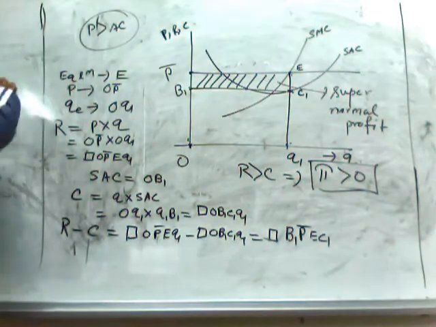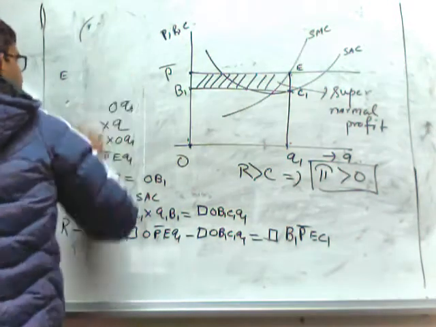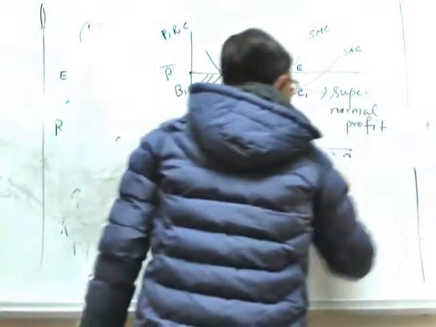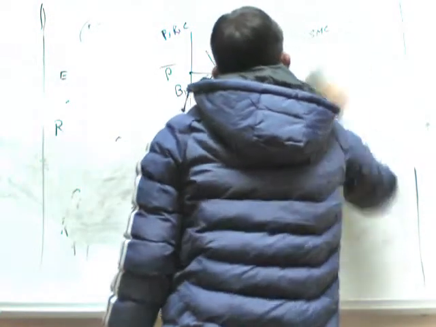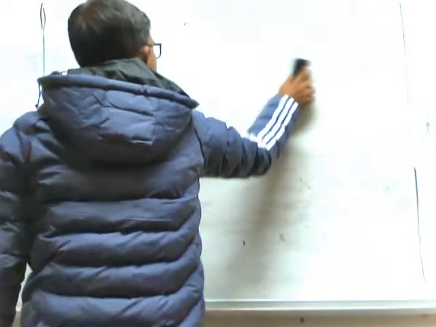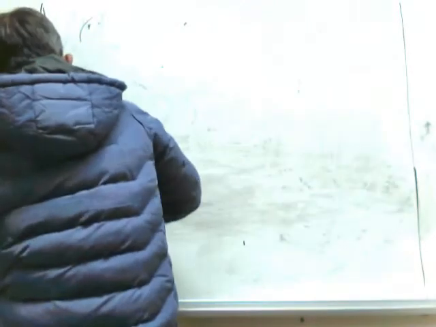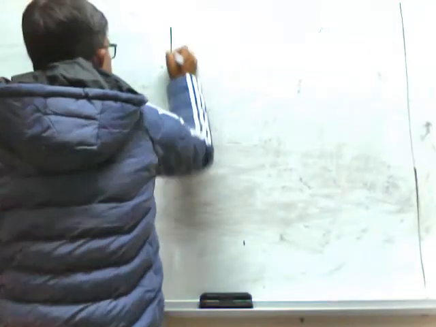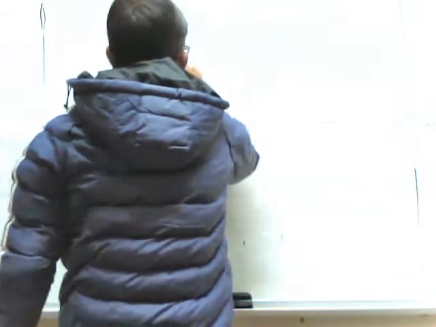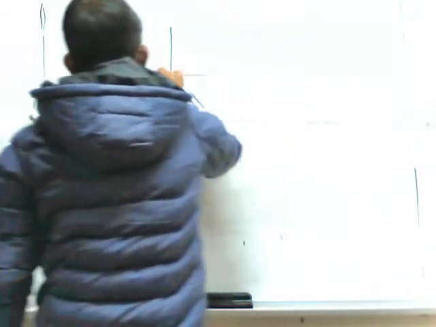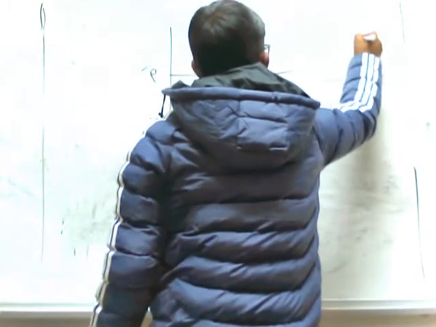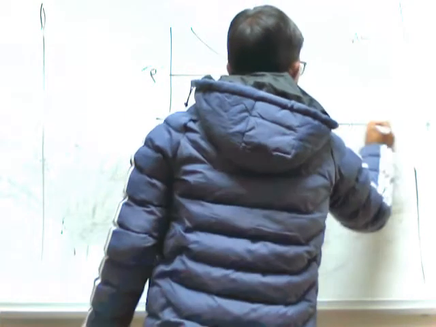Now the second possibility. So this is the price, P bar, and this is the short run average cost of production.